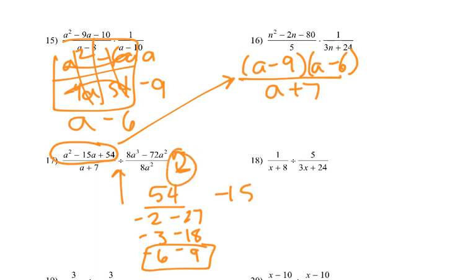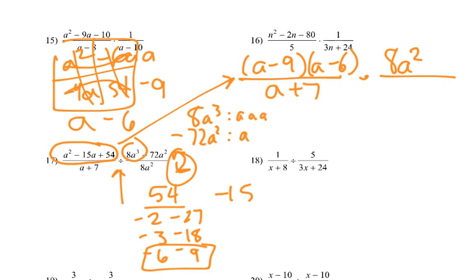Then we flip that so that it would be times 8A squared over A cubed and a negative 72A squared. So 3A's and 2A's, so I can pull out 2A's, so A squared, and then 8, and then 72 would be 8 and negative 9.